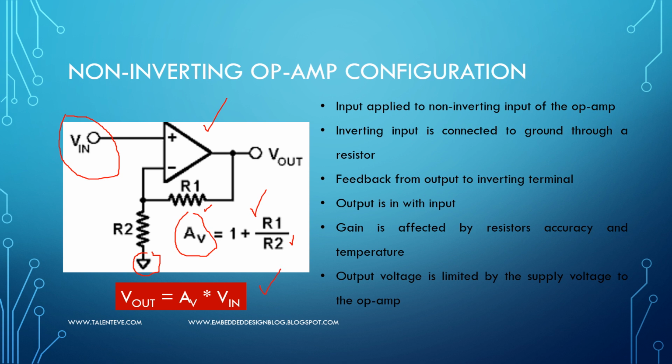Similar to the inverting configuration, the gain as well as the accuracy of the output is dependent on the resistors used, the variation of resistors with temperature, and the temperature itself, whereas the output voltage, as said for the inverting amplifier, would be restricted based on the bias applied to the operational amplifier.